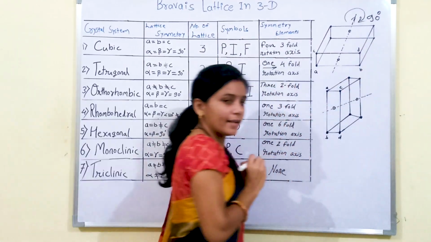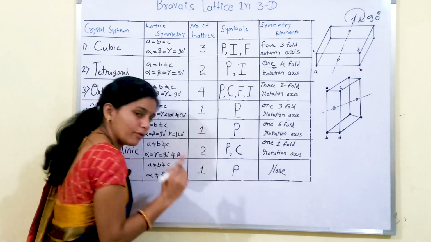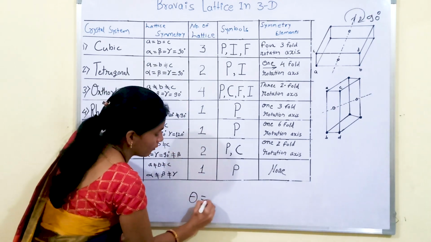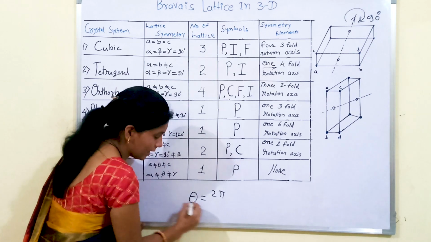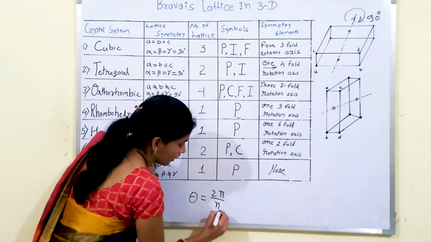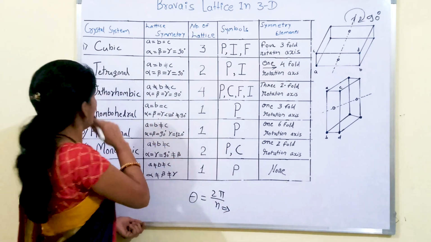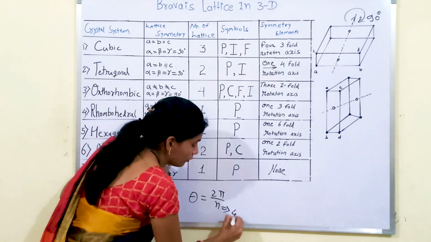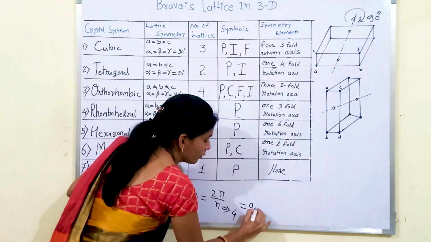Why 90 degree? Because of 4-fold symmetry. For the 4-fold symmetry, theta is equal to 90 degree. The formula is theta is equal to 2 pi by n. What is n for the tetragonal? n is equal to 4. So we have angle equal to 90 degree.